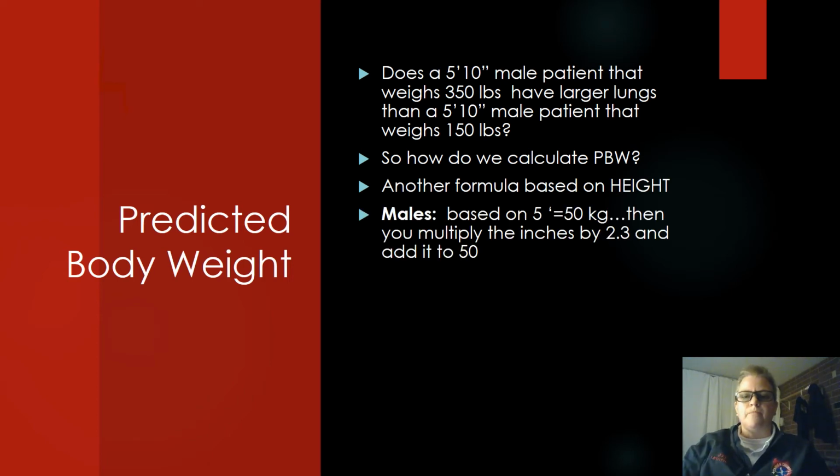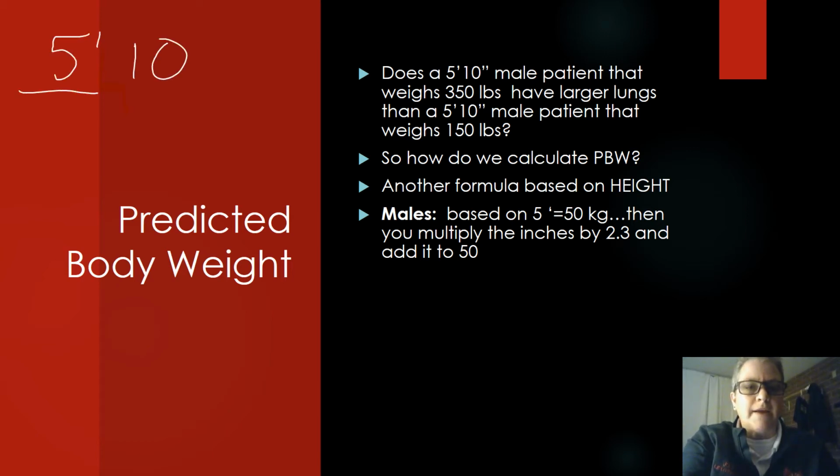With males, if they're 5 foot tall, they automatically get 50 kilos, okay? And then for every inch after that 5 feet, you multiply the number of inches by 2.3. You add it to 50, and you get their kilograms based on their ideal body weight, based on their height. So let's do that. We're going to work with a 5'10" patient. So for 5'10", we know that they automatically get 50 kilos for that 5 feet.